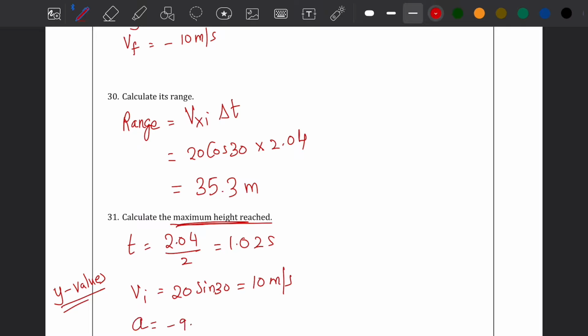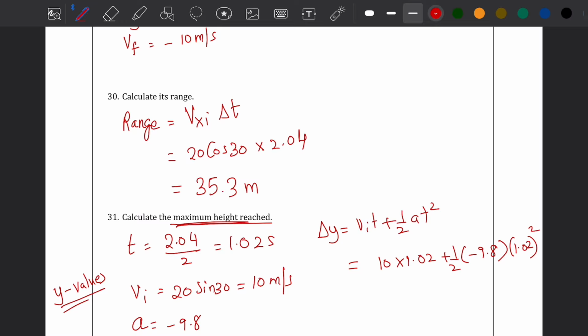Acceleration is negative 9.8, and then we can use the formula delta y equal Vit plus half At square, and Vi is 10 multiplied by 1.02, then plus half, A is negative 9.8, and the time is 1.02 square. If you calculate, it will come out as 5.1 meter.